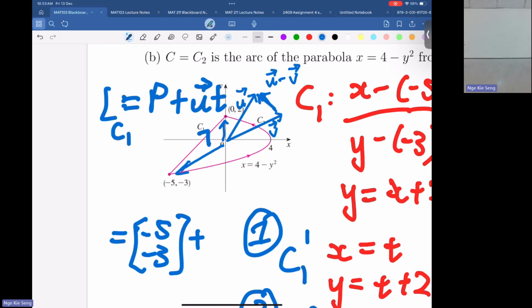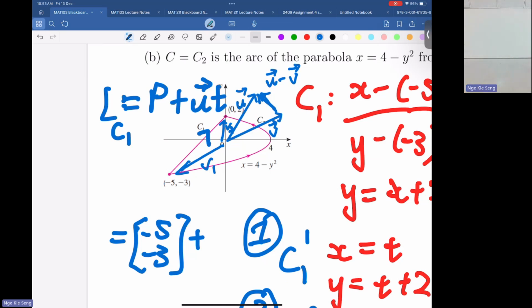You need to determine where you start, where you end, and then change direction. Let's name this one V1, this one V2. What is the vector for C1?